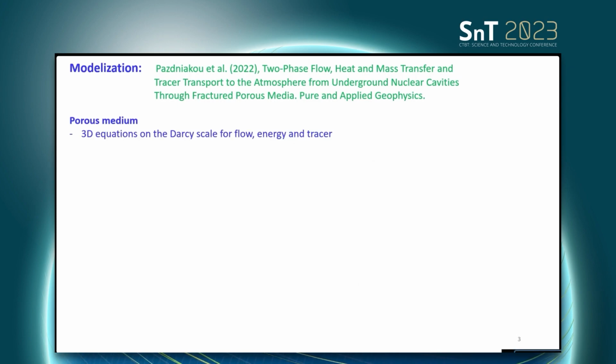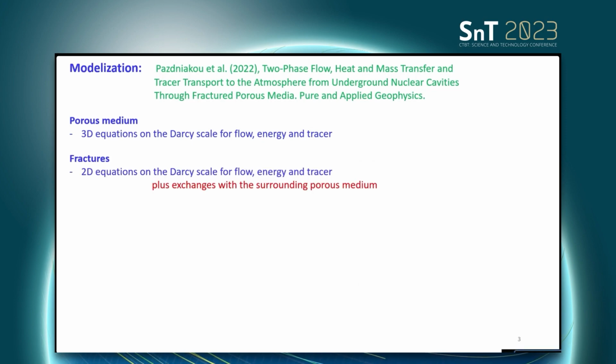For the porous medium, we use 3-dimensional Darcy equations for the flow, energy, and tracer. For the fractures, we use 2-dimensional equations on the Darcy scale as well, for flow, energy, and tracer. Plus, we have to take into account the exchanges between the fractures and the surrounding porous medium.